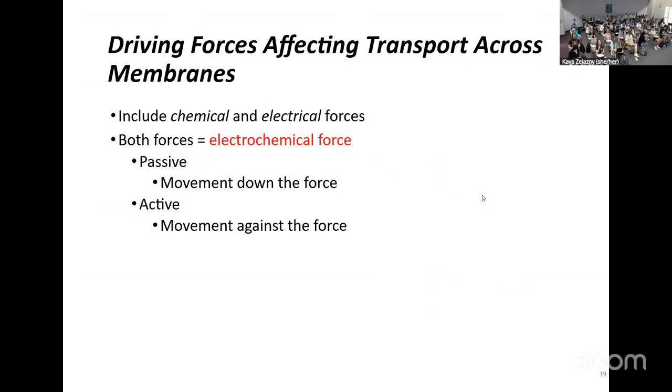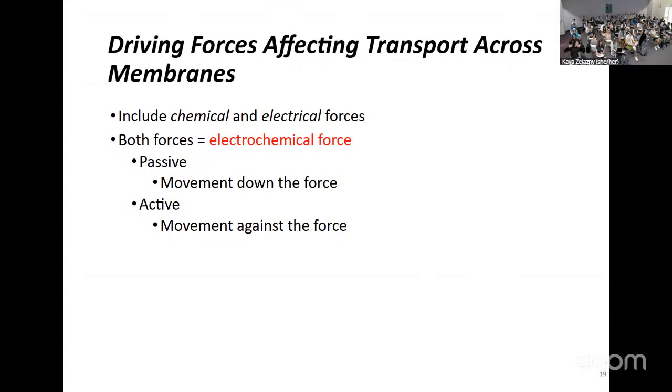Okay, so now we're going to be thinking about driving forces. One piece of this you've probably thought about before in other classes, and one piece is probably going to be kind of new. We're going to be thinking about both chemical forces and electrical forces when we think about which way is down the hill, which way is passive, which way is easy, which way is going to be up the hill for transport, which way is going to require energy.